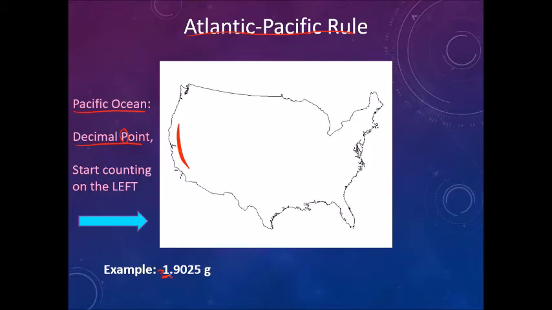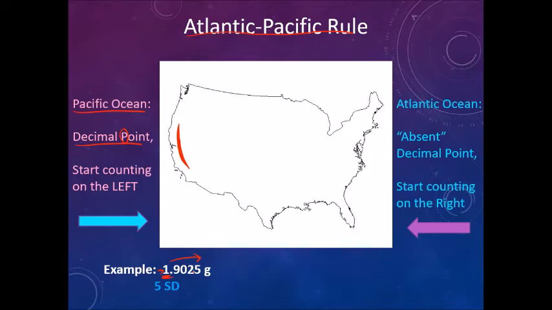So we count the 1, that's the first non-zero. Now everything after it counts. So yes, it would be 5. This one would have 5 significant digits in it. So using the Pacific rule, you start from the left. You use your arrow or your mental arrow to find the first non-zero digit, and then everything after that counts. Doesn't matter if it's a 0 or a 1 through 9 number.